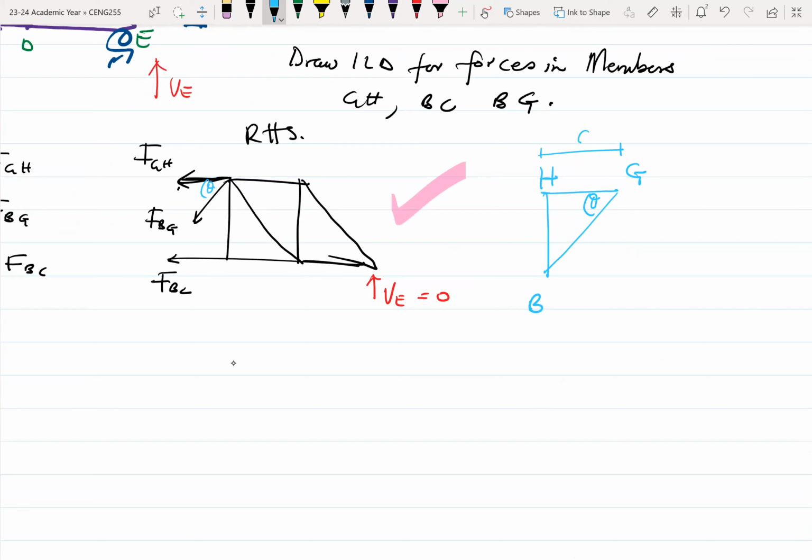This length here is 6 meters. This height here is also 6 meters. So that makes theta 45 degrees, because tan theta is equal to 6/6. So theta is equal to tan inverse of 1, and that gives us 45. So the angle here is 45. It makes our calculations easier.